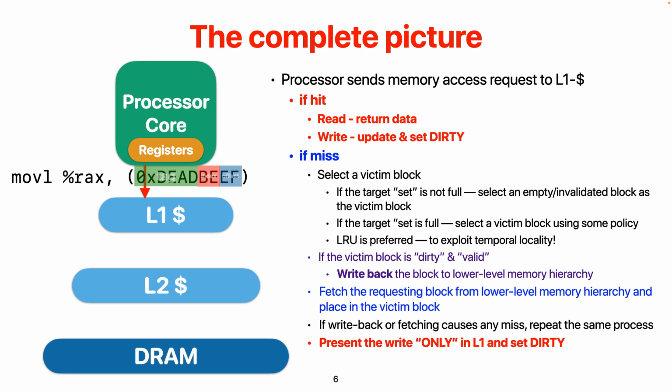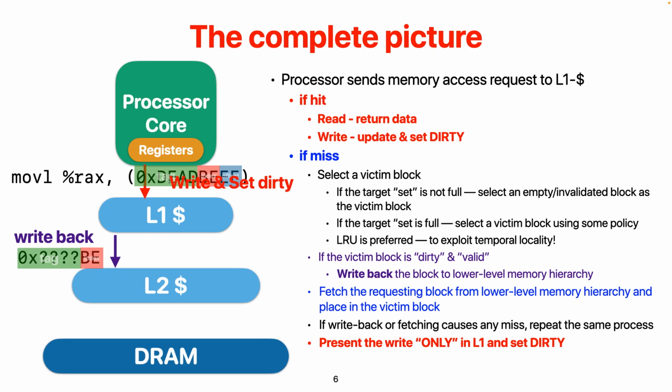If that exists, I know it's a hit. And if it's a write, what you need to do is update the word that you are acting on with the incoming content at the location of your block offset, and set a dirty bit so that we know it's been modified. And then once you modify at this level, it's okay for you to return.